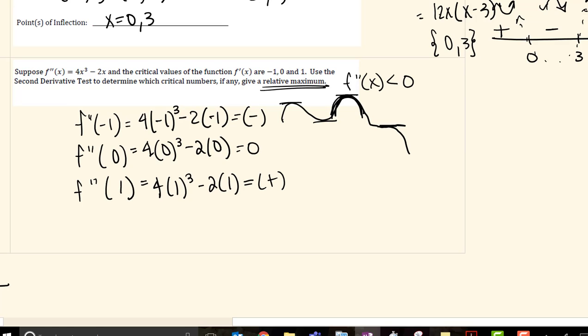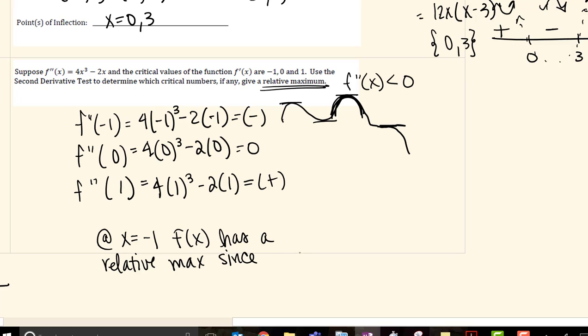So I'm going to say here, at x equals negative 1, f of x has a relative max since f prime of x equals 0 and f double prime of x is less than 0. Because what we're saying here is we are concave down, right? Less than 0, concave down, and we have a slope of 0. Both of those conditions satisfy maximum.